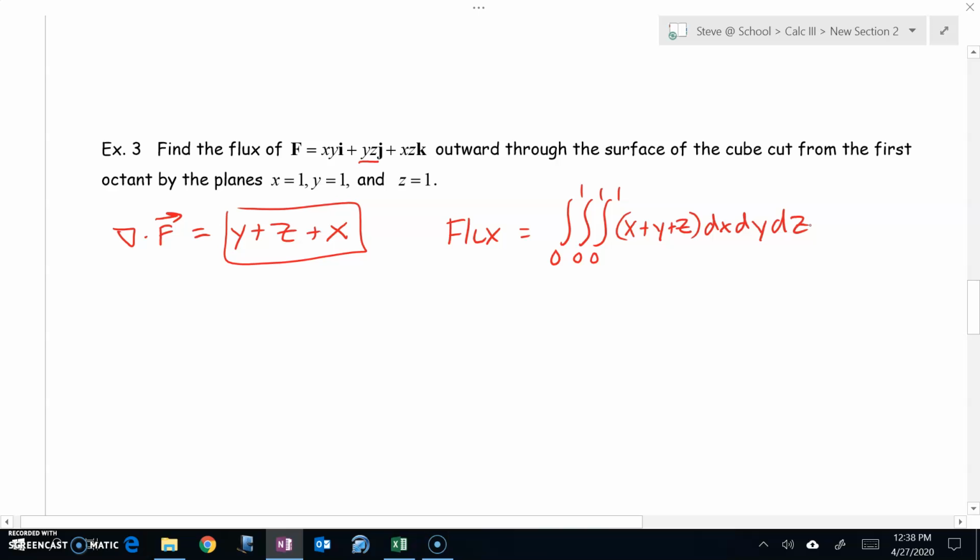This is the flux problem. So let's integrate and see what we get. So the flux is equal to, we get x squared plus xy plus xz, evaluated from 0 to 1. Still the double integral. Alright. Put 1 in for x. You get 1 plus y plus z.